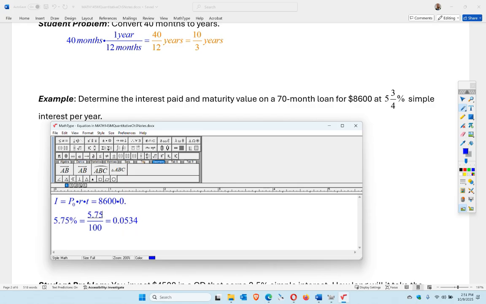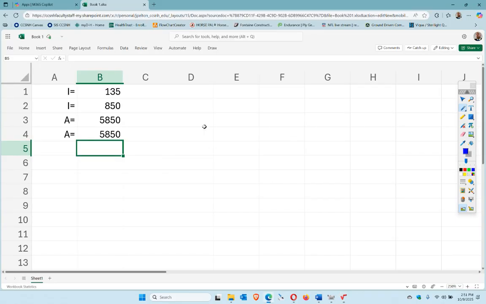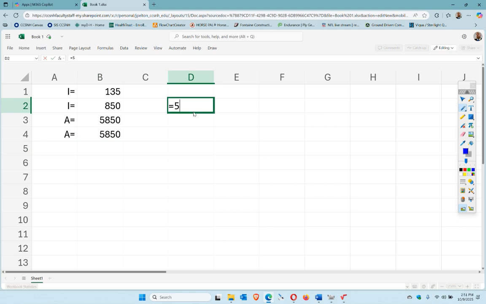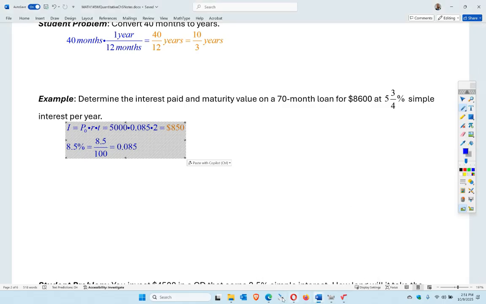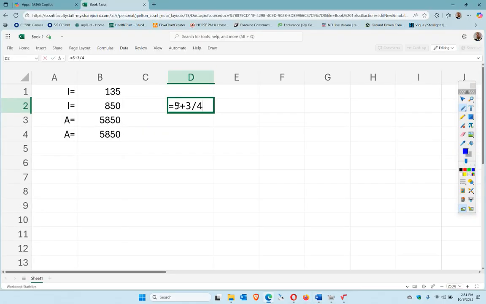My brain's not working today here. 3/4 is 75. Okay, so 0.0575. Right? If you have trouble with that, you can always use the spreadsheet, right? Because it's 5 plus 3/4, right? Because that's what a mixed numeral means, right? You look back at your notes. 5 and 3/4 means 5 plus 3/4, which is 5.75, right?